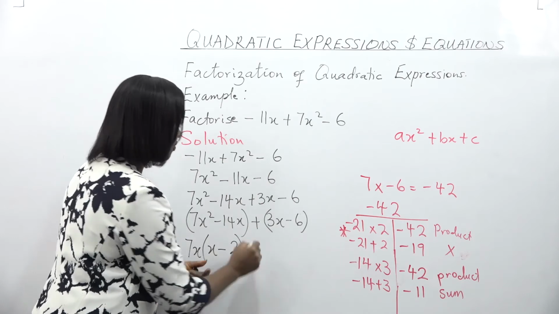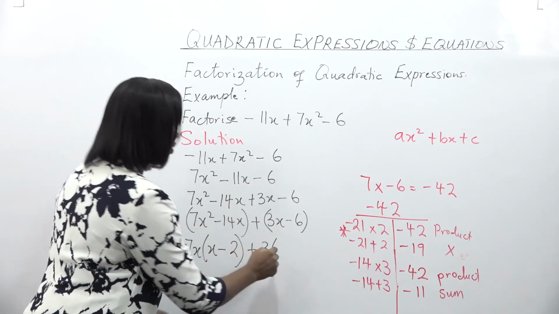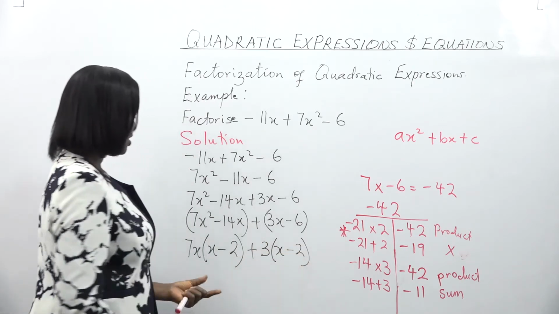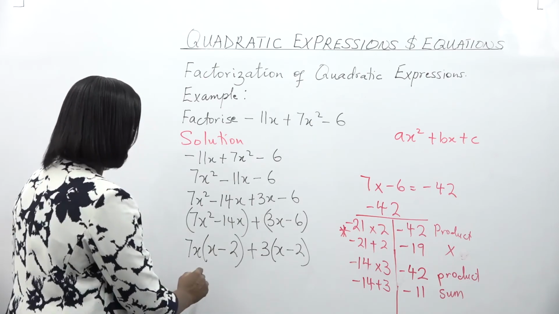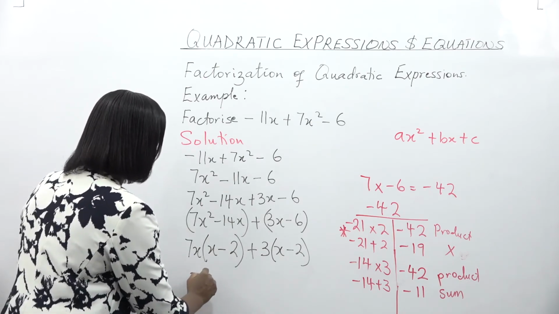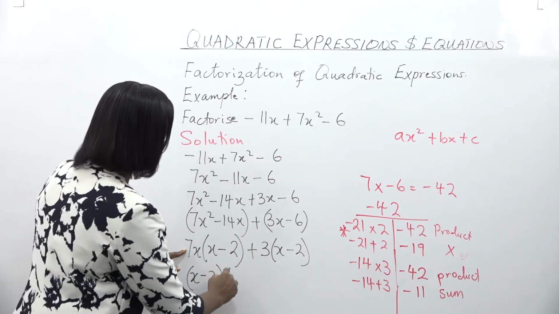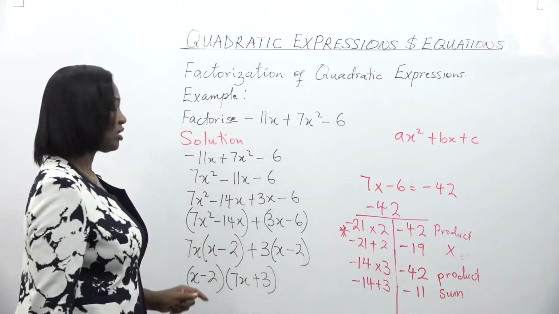And also, in this bracket, 3 is common. If we take out 3, we'll be left with x minus 2. Then we find that x minus 2 is common to both terms now. We factorize it, x minus 2, and then we are left with 7x plus 3 in the second bracket.